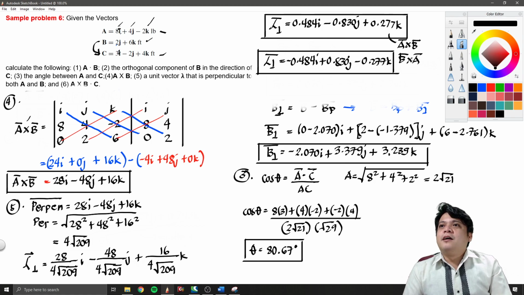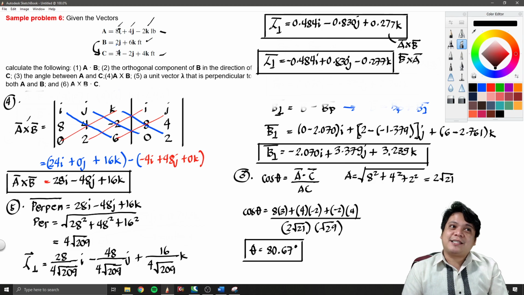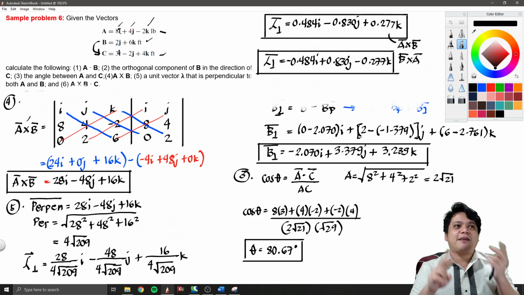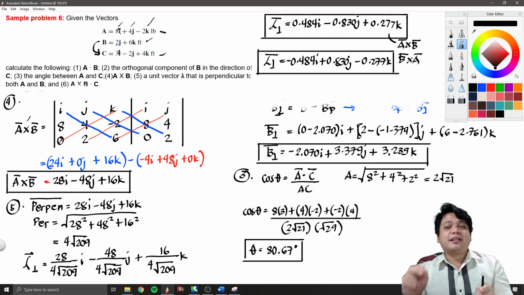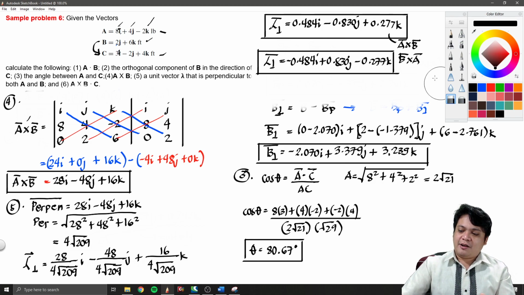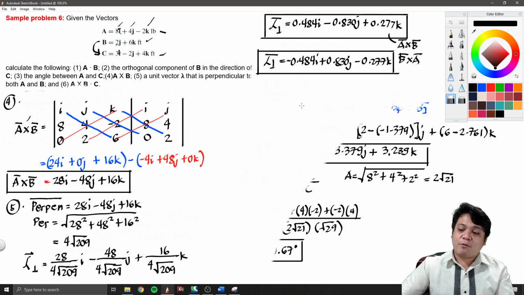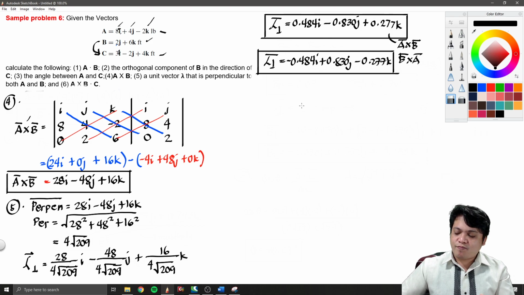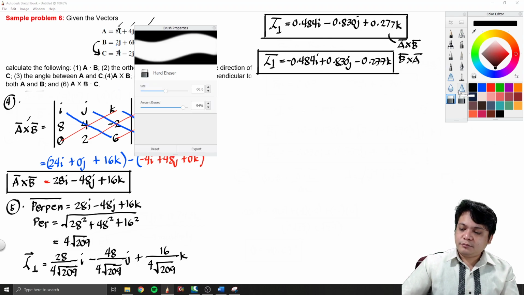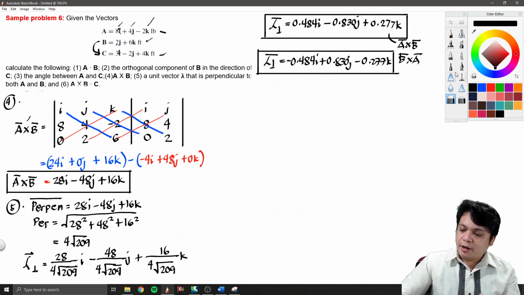Okay? Lastly, C: A cross B dot C. When a cross product and a dot product are together like this, this is called a triple product. Number 6.